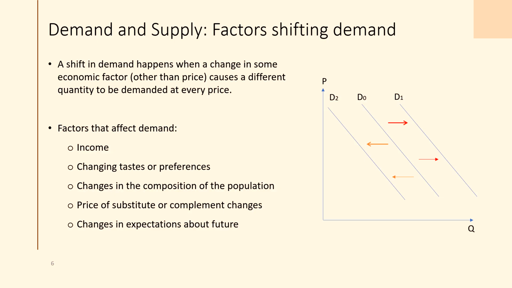Population changes can alter the number of buyers. Prices of related goods, such as substitutes or complements, also influence demand. Expectations about the future, such as expected price changes, can also shift demand. These factors move the entire demand curve to the right or left.